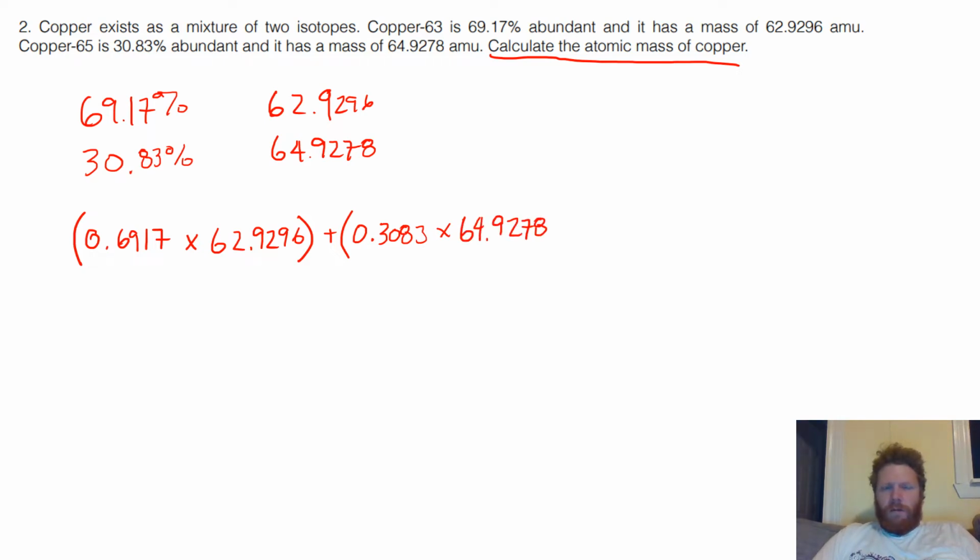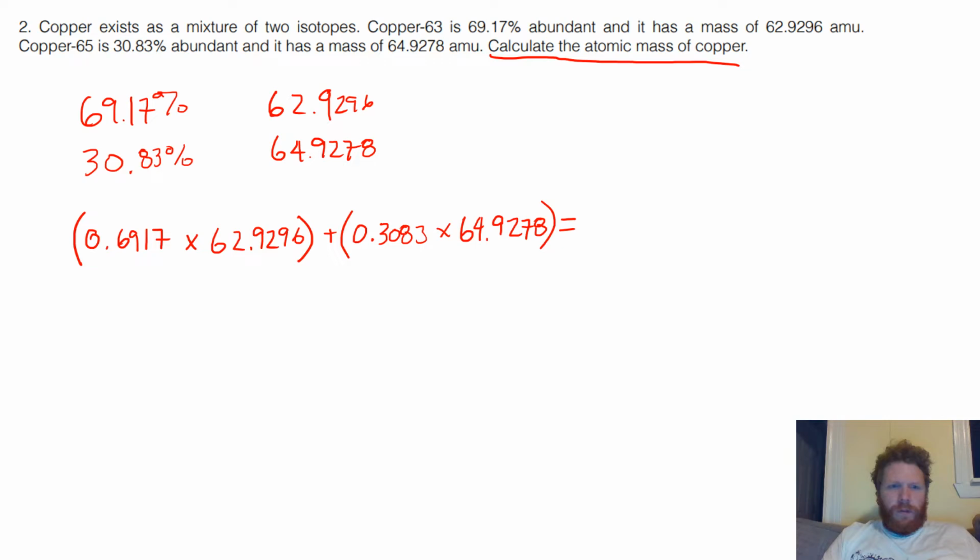Now before we continue, one thing that we know is that our answer is going to have nothing but 4 significant figures, because our 2 numbers, the 69.17 and 30.83, have 4 sig figs. That's going to limit us.